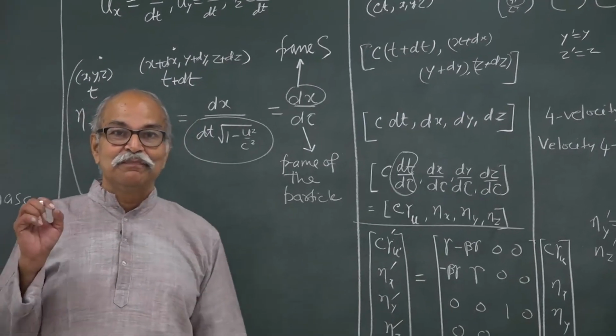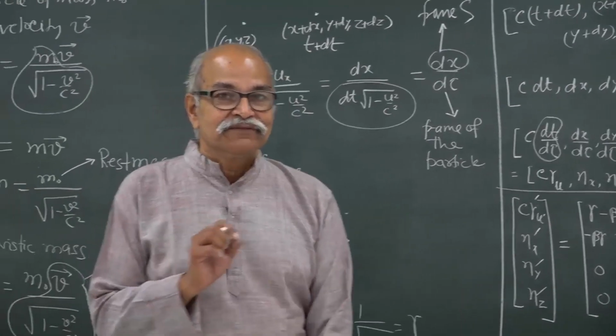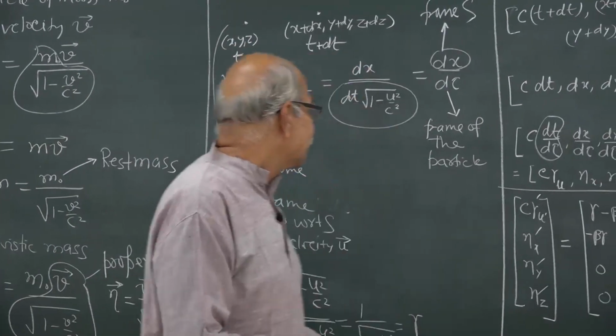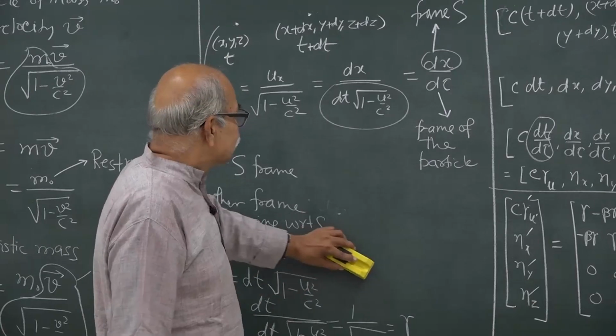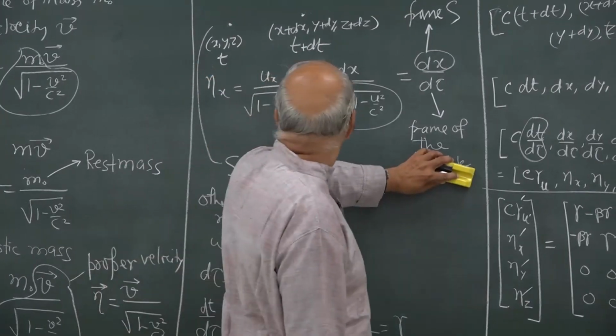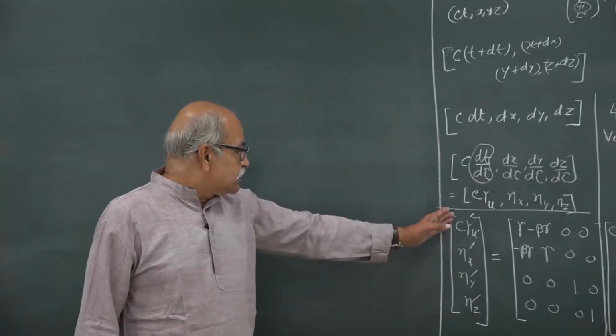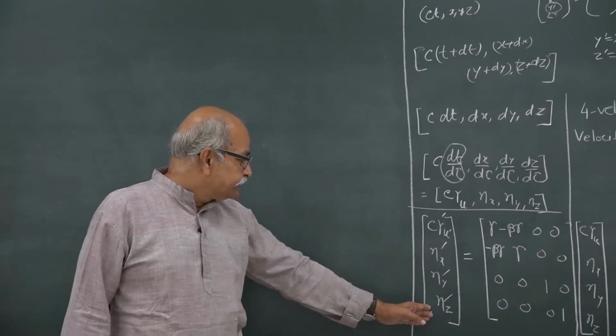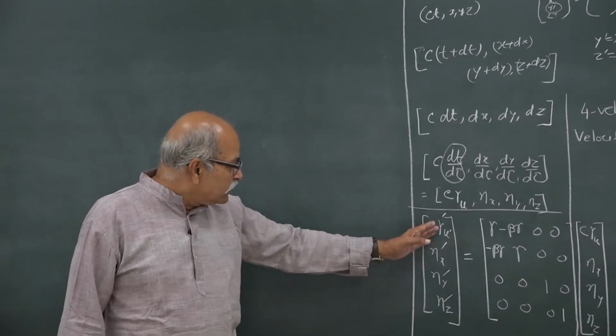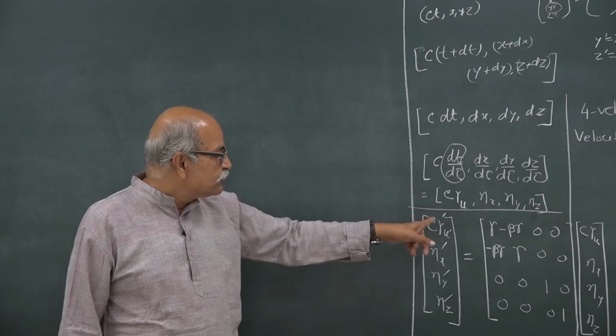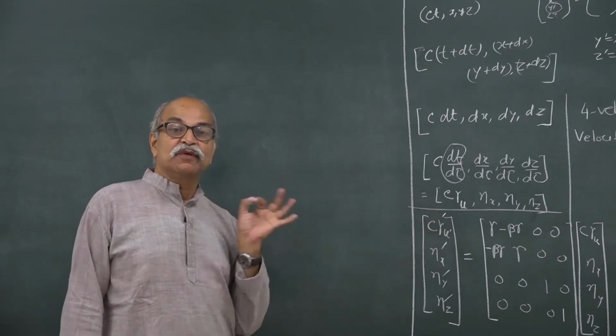I will pick up one more 4 vector before I close this. Let me make some space. So, this velocity 4 vector is here. Now, you multiply all the components of this velocity 4 vector by the mass of the particle.